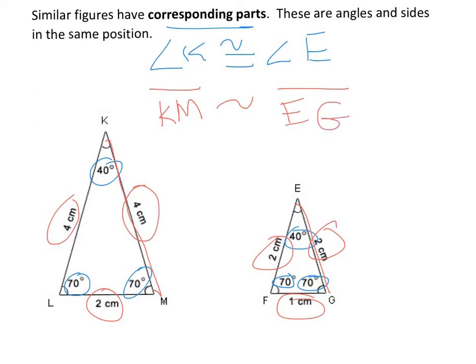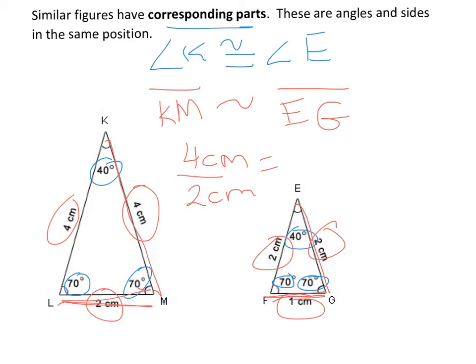because they are not the same exact measurement, but they share the same proportional relationship if I were to set up a proportion. So if I set up KM and it's the same as EG, I can go 4 centimeters over 2 centimeters. And I could set it equal to another side length, the side length of ML and GF.